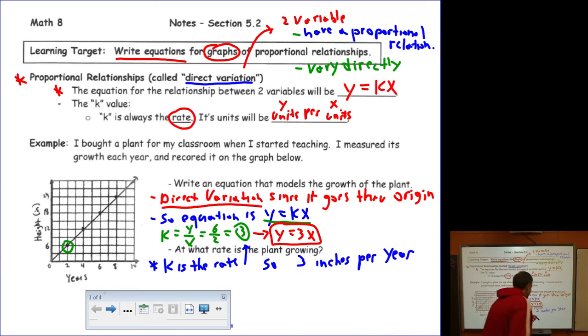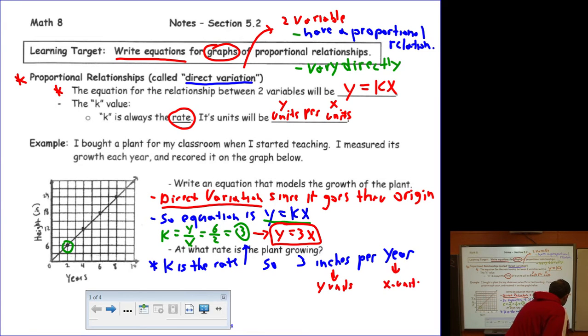And inches is the y units, and years is the x units. So that fits our model that the k value is always the y units per the x units. In this case, 3 inches per year is the rate.